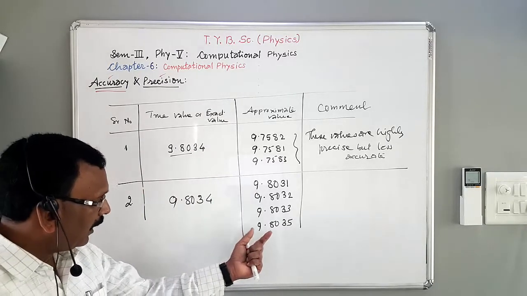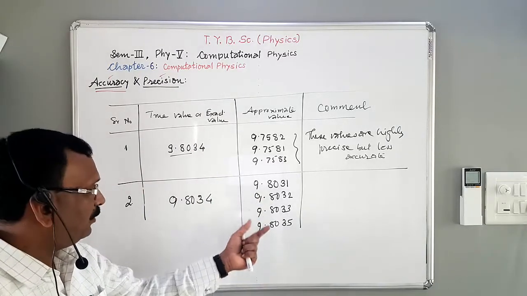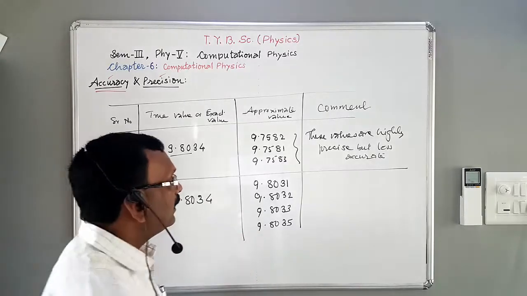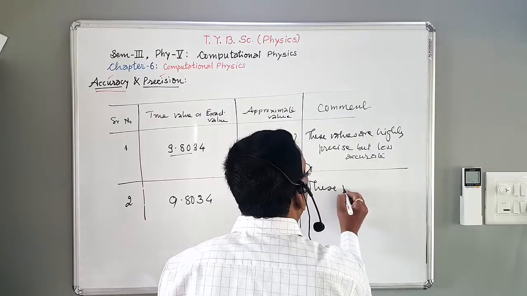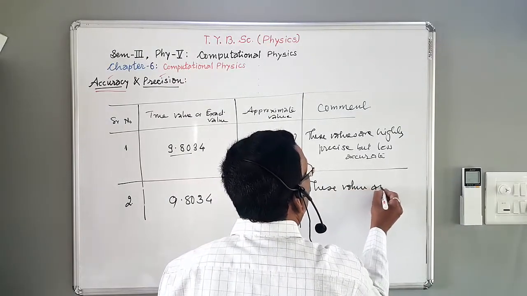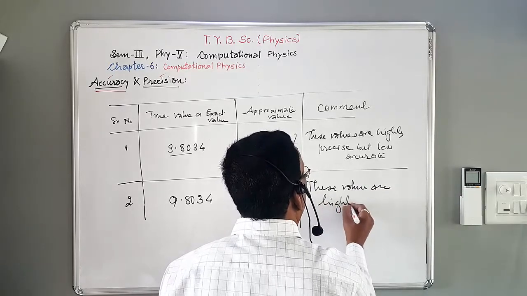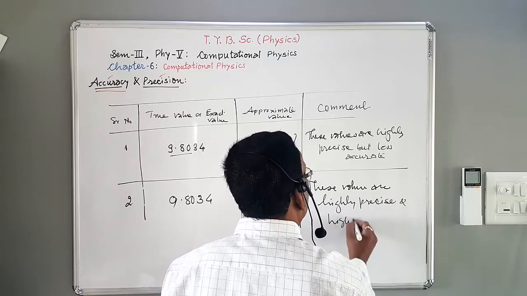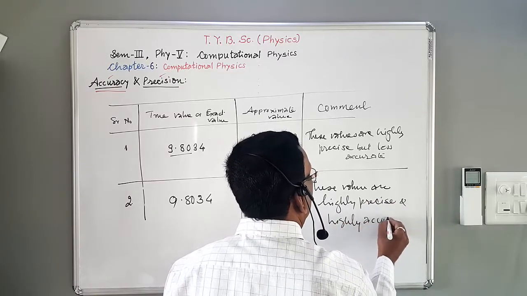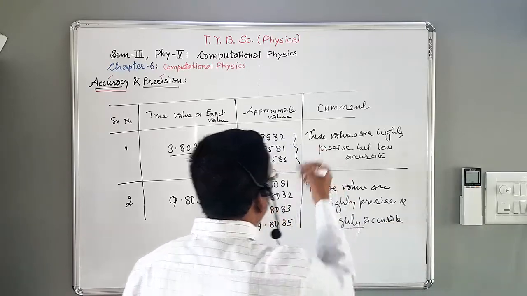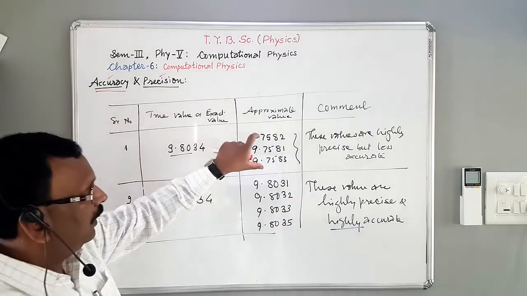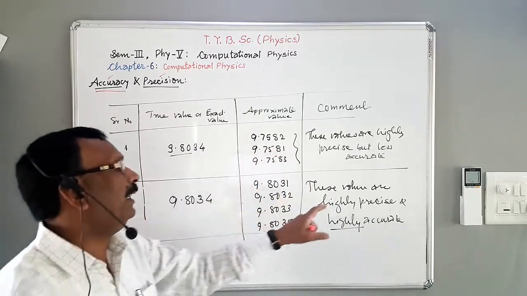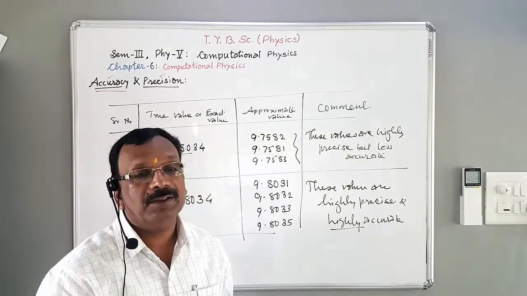Now when we compare the obtained value or approximate value, which is obtained after doing the experiment, with the exact value, then it is found that these values are highly precise and highly accurate. This is the difference between these two observations. Here the first values are highly precise but less accurate, and these approximate values are highly precise and highly accurate.